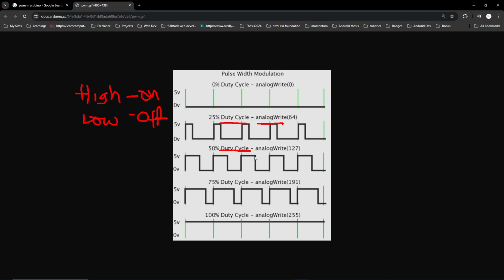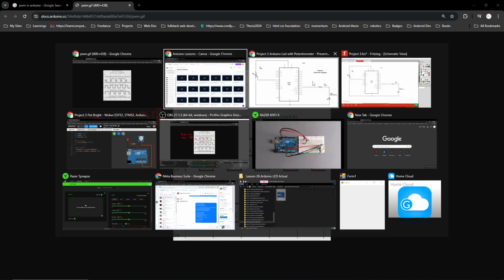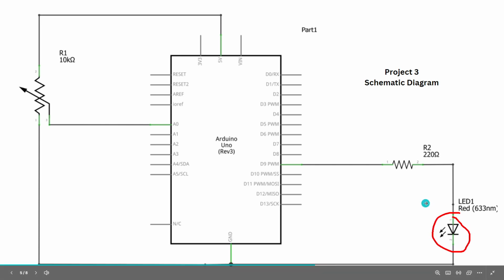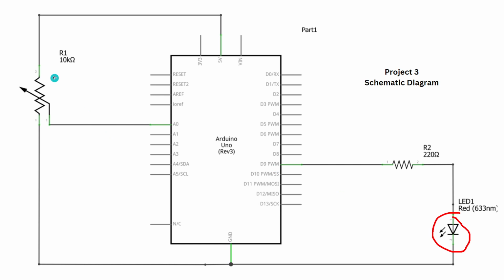That's why in our circuit, we will control the signal that is going to the LED by the use of our potentiometer. By adjusting this, we will see the effect on the LED.